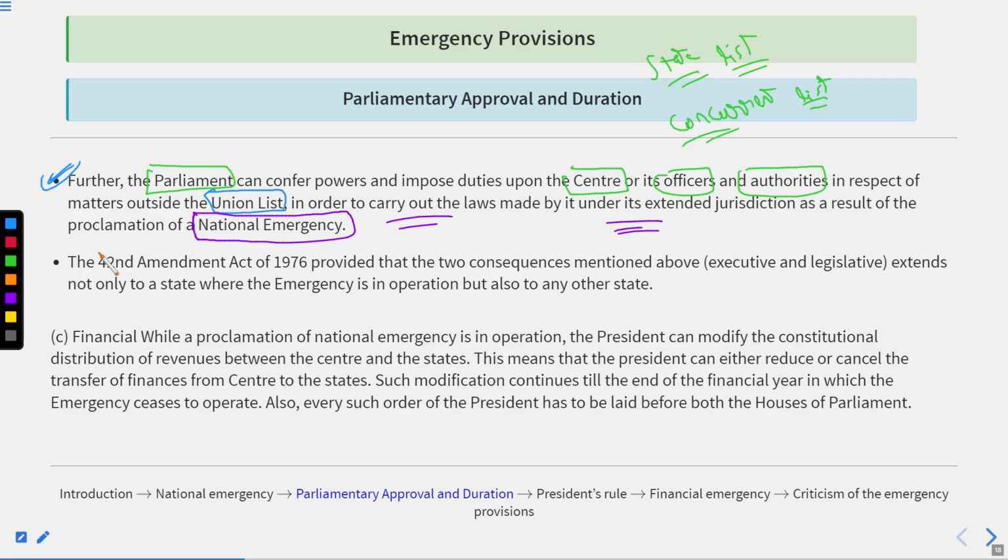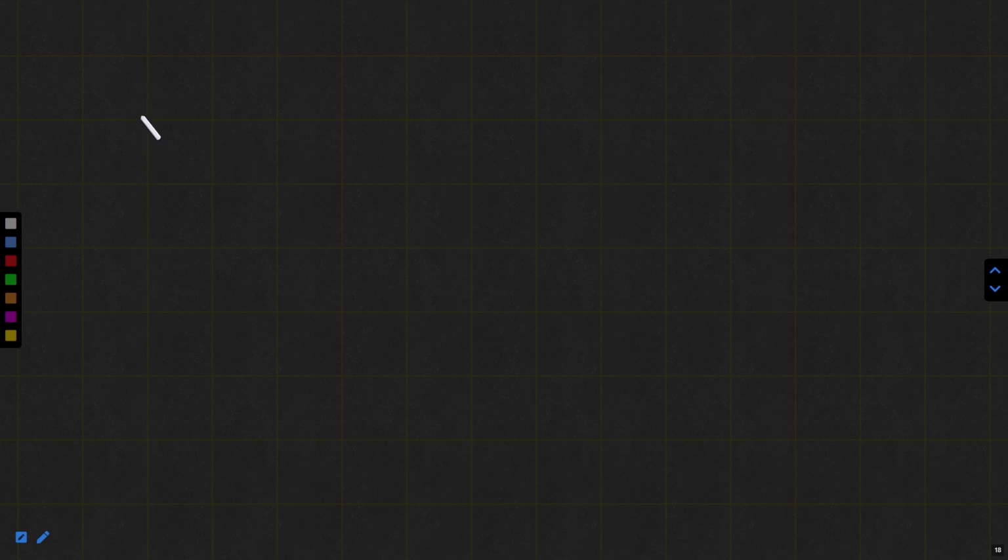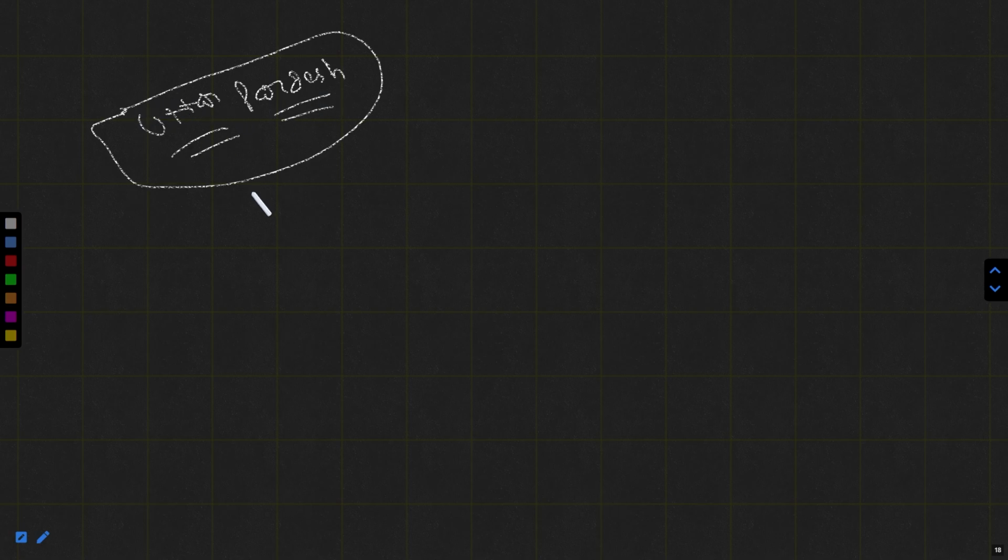Thereafter, the 42nd Amendment Act of 1976 provided that the two consequences mentioned above, the executive and the legislative, extend not only to the state where the emergency is in operation, but also to any other state. Which means that suppose, for example, the emergency is in force in the region of Uttar Pradesh, it does not mean that the central government could exercise power over the government of Uttar Pradesh only.